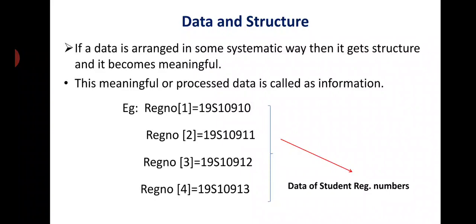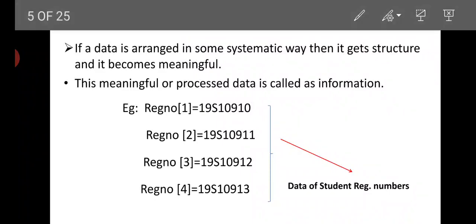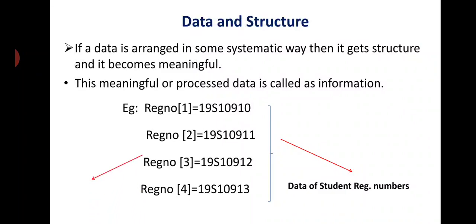In which structure I have represented this? What is that? Array. So I have represented the collected registration numbers in a structure called an array. What is an array? Array is a collection of homogeneous data elements which have adjacency relationships. Registration number 1, registration number 2. What are these? 1, 2, 3, 4 are the indexes. In their respective indexes, registration numbers are stored.